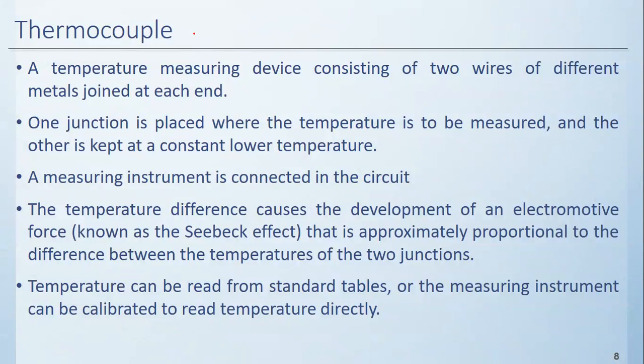One end of the wire is kept at a lower temperature, which we already know, and is taken as the reference end. So the temperature at this reference end is known, and the other end is made to contact the object whose temperature is to be measured.